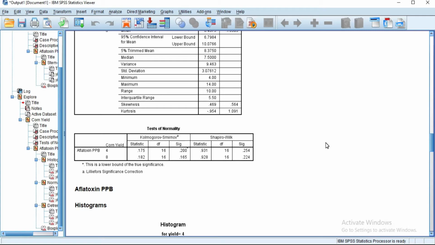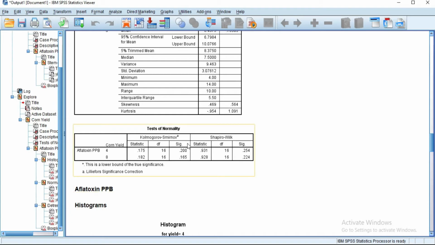Sometimes the Kolmogorov test is not giving us any measure because of the small number of values in the sample. So in case we have 5 observations in the sample, then the Kolmogorov-Smirnov test cannot give us any information related to the normality, but the Shapiro-Wilk can. So here in this output, we have both these tests, but I would prefer the Kolmogorov-Smirnov result.